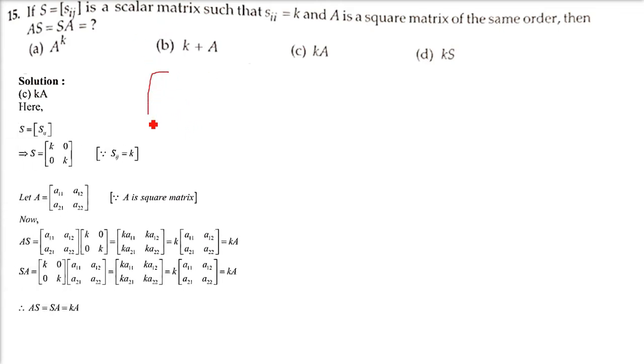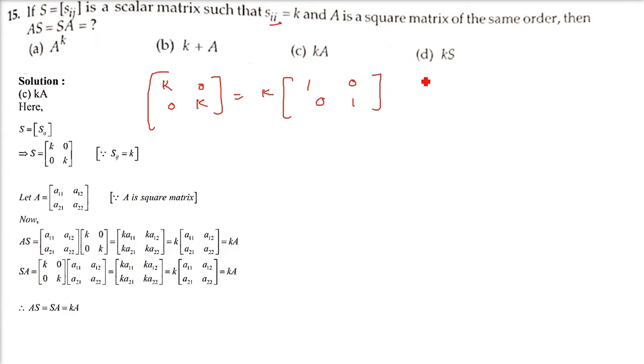In all these kind of questions, if I take a 2 by 2 matrix, for example, because Sii is K, where i and j are equal, so this is K in the diagonal. If I take K common from here, what do you get? 1, 0, 0, 1. Now it is saying that A is a square matrix of the same order, then A into S and S into A equals what?